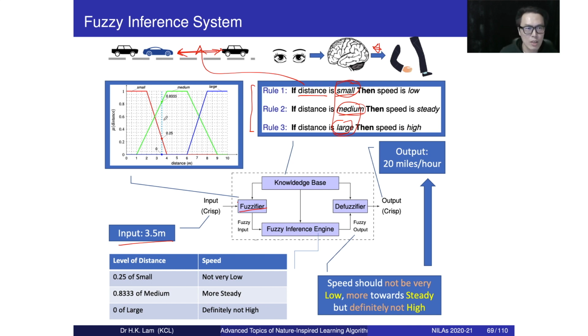For the first one, I obtain 0.25. It just tells you that the first rule contributes 0.25. And then the green, 0.83, so the second rule contributes 83%, for example. The blue one, corresponding to large, contributes 0 because the y value right here is 0.